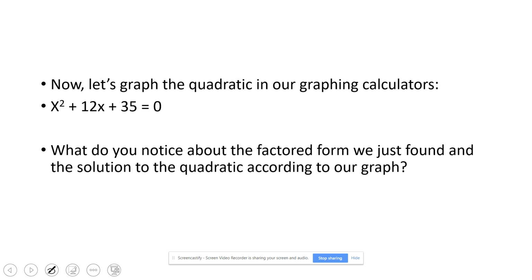So let's take a minute in your graphing calculator if you have one, or on desmos.com. You can put this quadratic into your graphing calculator and graph it.